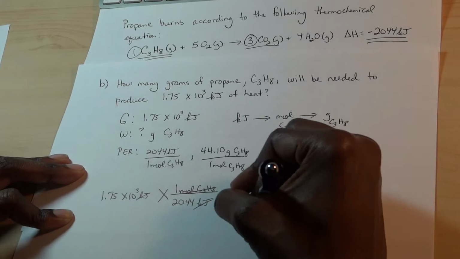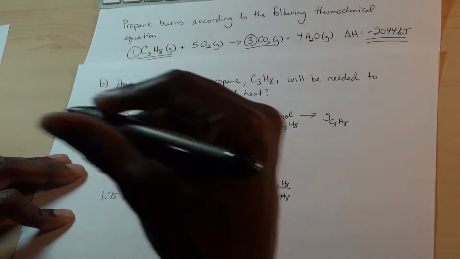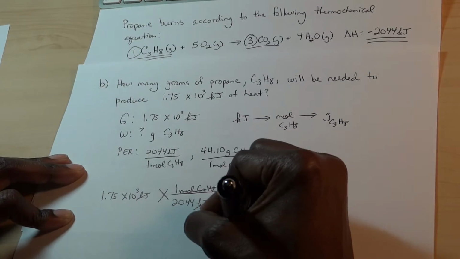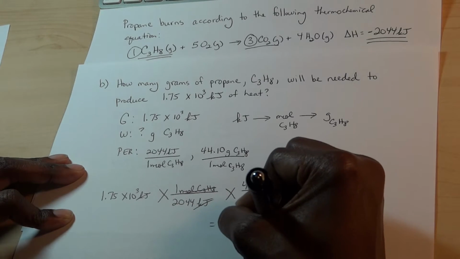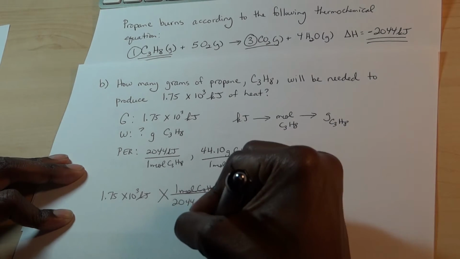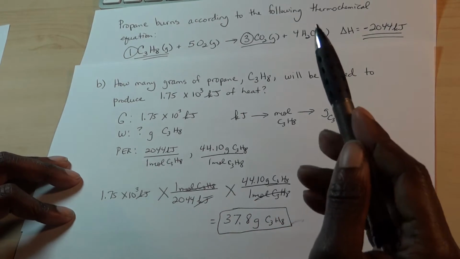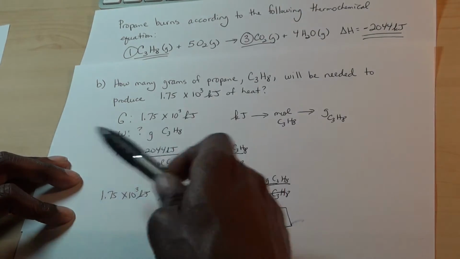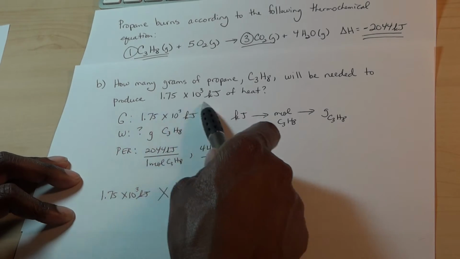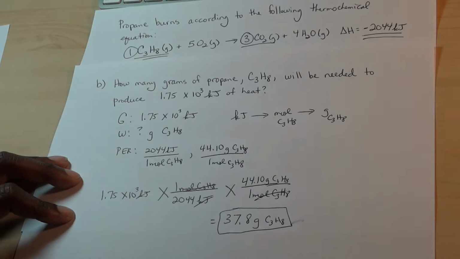Moles of propane cancel. And we get 37.8 grams of propane. So if we are burning and getting this much heat out, it's going to take 37.8 grams of propane to do so.